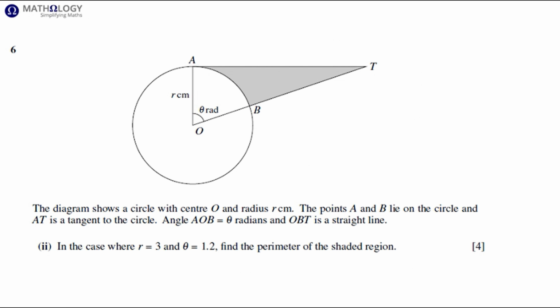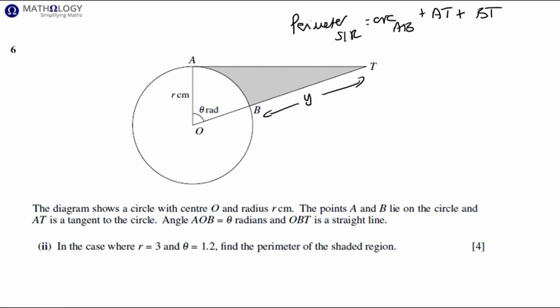In the case where r equals 3 and theta equals 1.2 radians, find the perimeter of the shaded region. Okay, so the perimeter of the shaded region will be arc AB plus the length of AT plus BT. So we'll just call BT y for now.